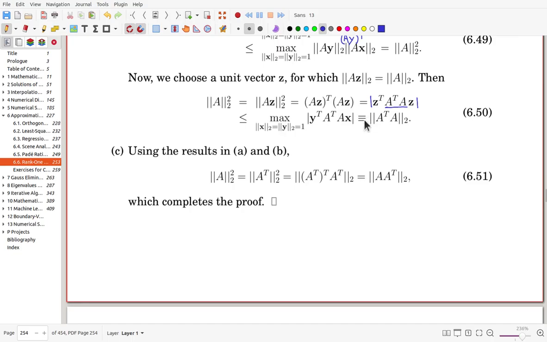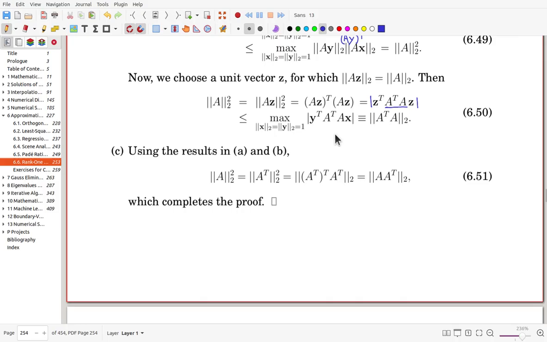Then this quantity must be larger than or equal to that one, because we can choose x as z and y as z, then it's the same. But if we can choose x and y generally, then this term can be larger than or equal to that.